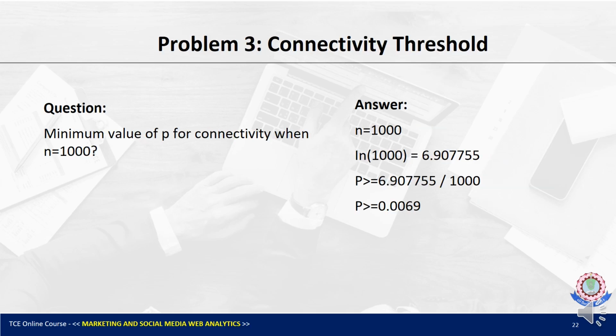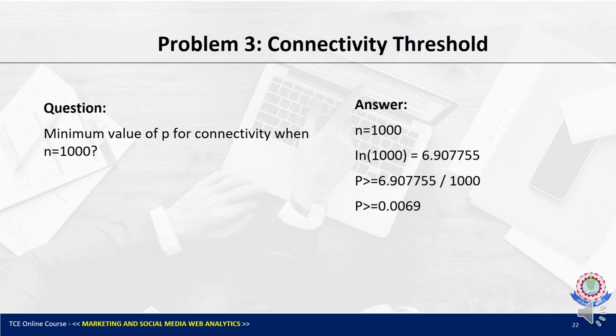The next problem is on the connectivity threshold. This is one of the most beautiful results in random graph theory. The connectivity threshold appears when P is greater than or equal to ln of n divided by n. So let's substitute ln of 1000, which is approximately equal to 6.9075.